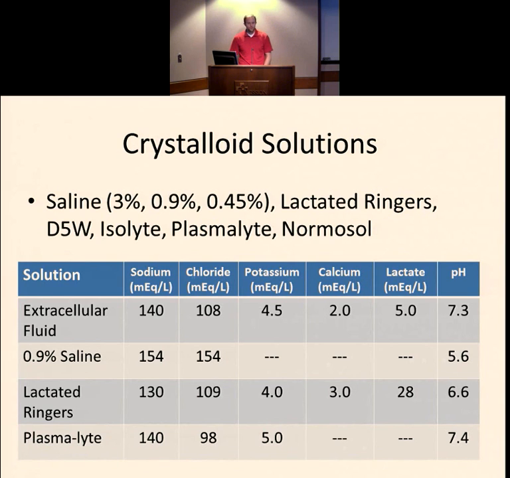So if you're coding a patient who's not perfusing and they're already in a lactic acidosis, do you really want to give them a crystalloid solution that is acidic and could make them more acidotic? Or do you want to look for Plasmalyte, which is basic, or LR, another one with a pH that's more basic, that could, just by giving the fluid, potentially help correct your acidosis in the short term.